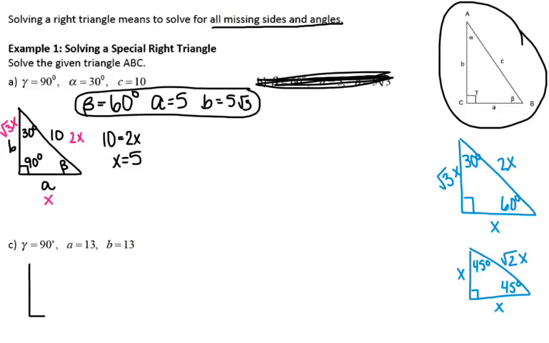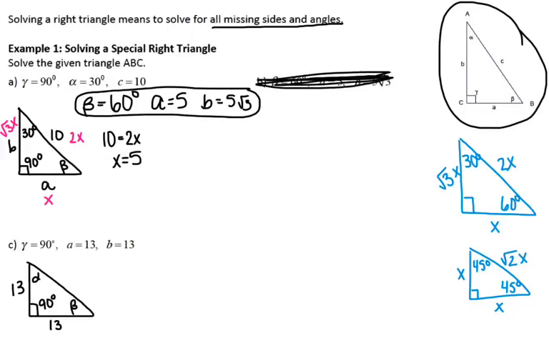For letter C, I can go ahead and draw my triangle. My gamma is 90 degrees. Side A is 13. Side B is also 13. So I'm missing alpha and beta. But if you'll notice, that is an isosceles triangle, and out of those two special right triangles, the one that's isosceles is your 45, 45, 90.